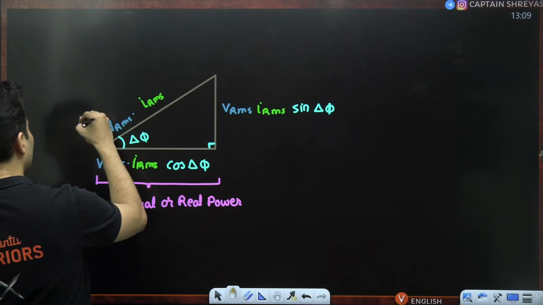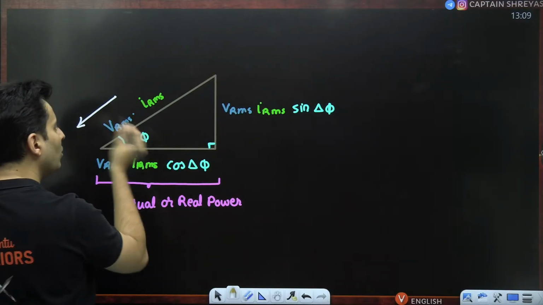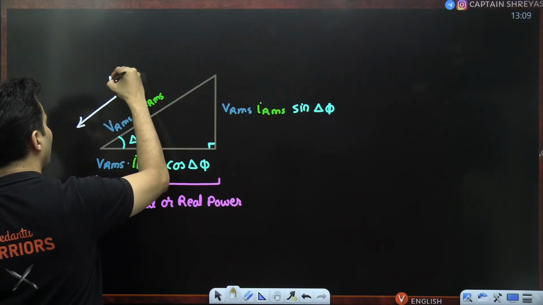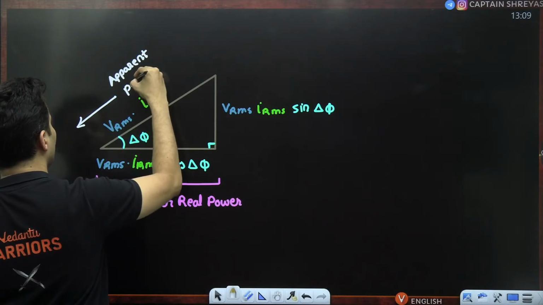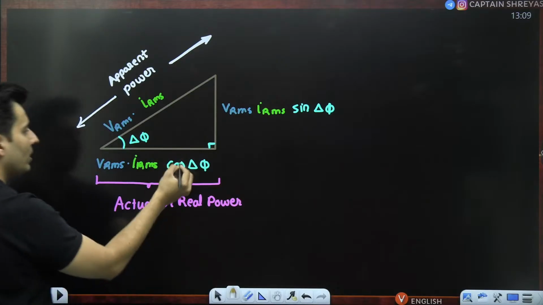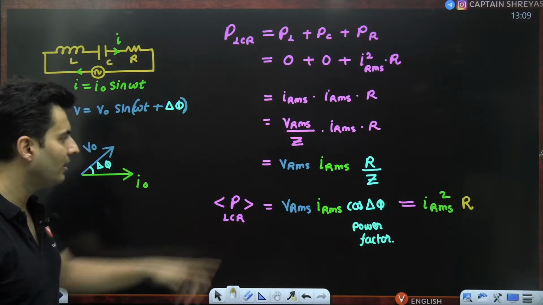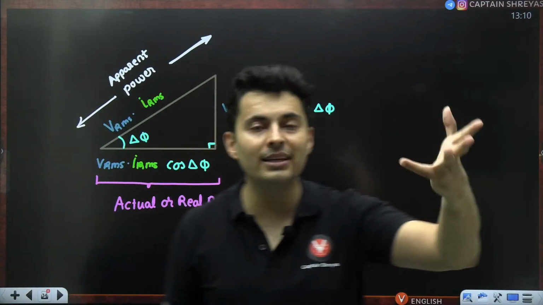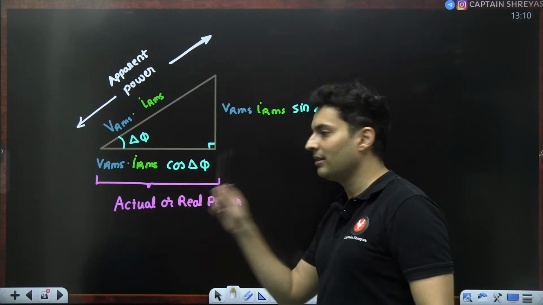That person who does not understand AC will calculate this as the power without noting the phase difference. So that is called apparent power, without considering the cos of the angle between them. So the phase difference needs to be considered, or else you will get the wrong answer. So this is apparent. This is what you think it is, but it is not real. It is actually this.